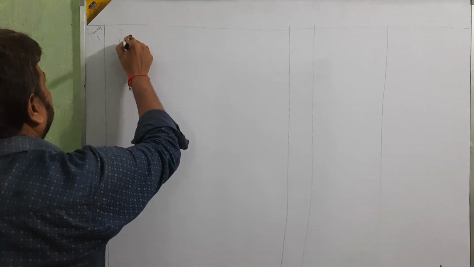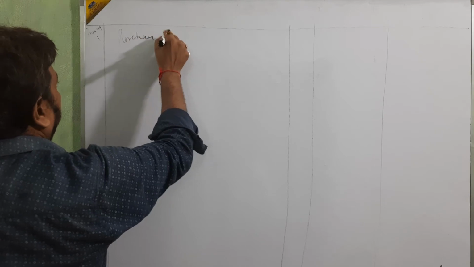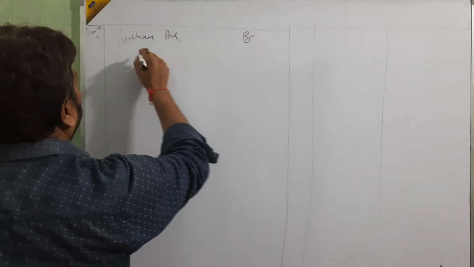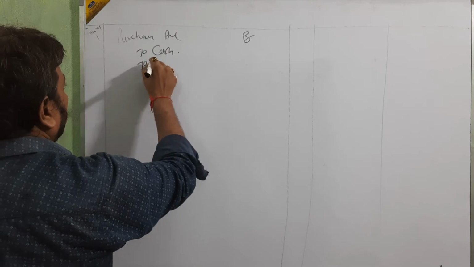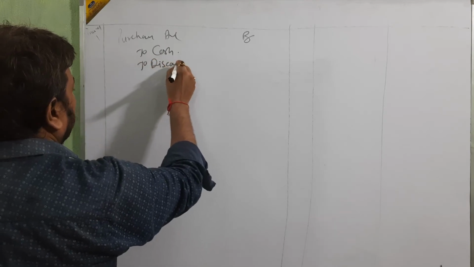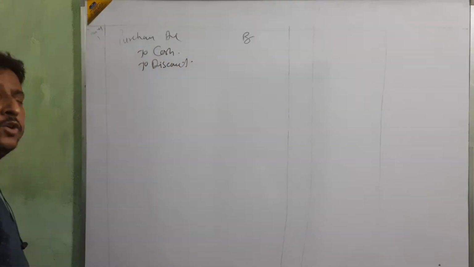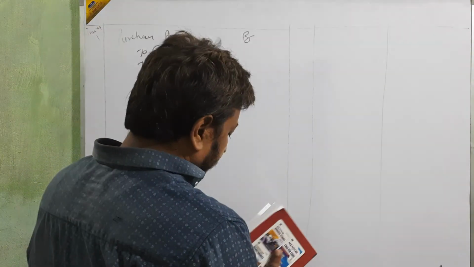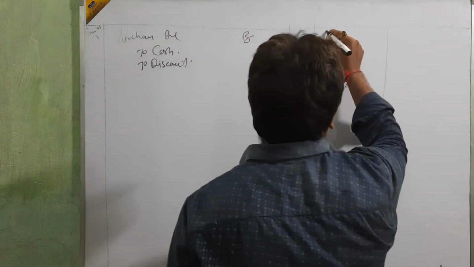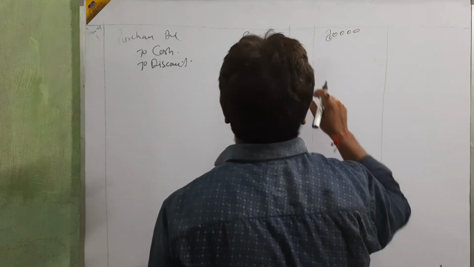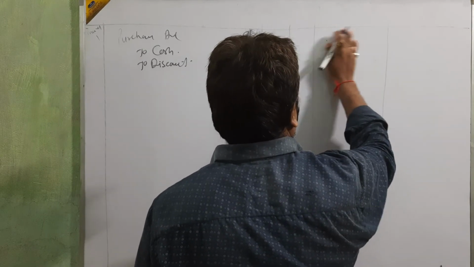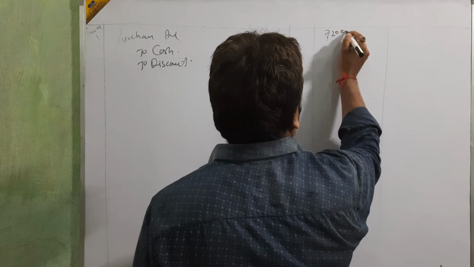Bought goods for cash at the list price of 80,000, 10% trade discount and 2.5% cash discount. Bought means purchase. Then Purchase Account Dr. to Cash, to Discount, because we are going to pay in cash with the discount. 80,000 purchase, beta. 10% discount means less 10%, then 72,000.